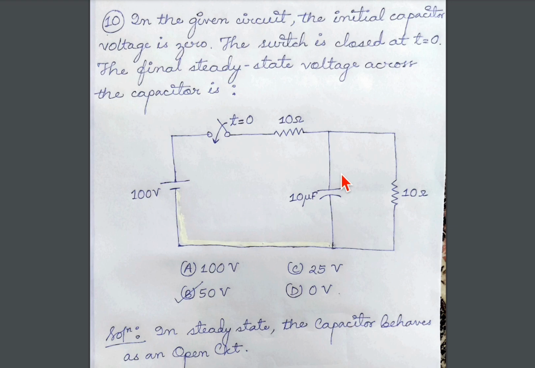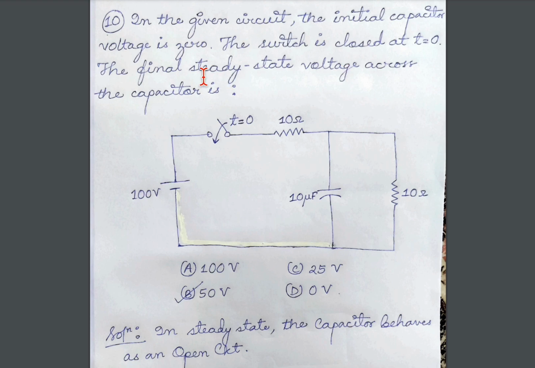The capacitor keeps getting charged and charged, and it will reach a point where it will be fully charged and will no longer get charged, as it has reached its saturation level. That phase would be called the steady state phase, and in that phase, the voltage would be called the steady state voltage.